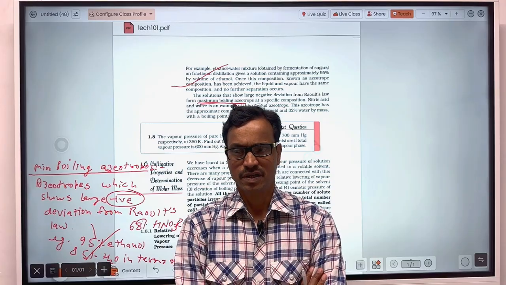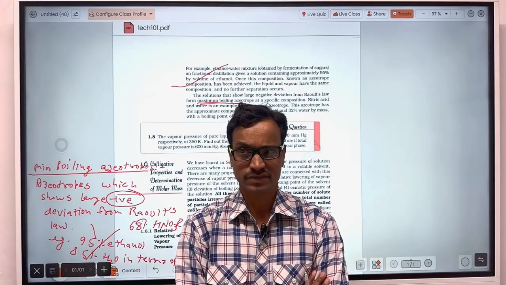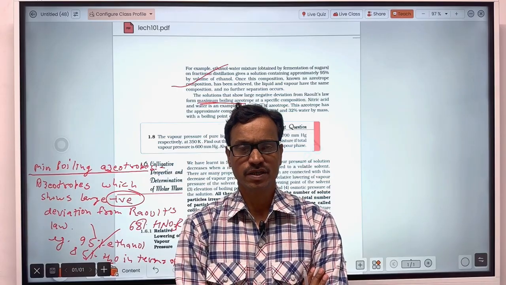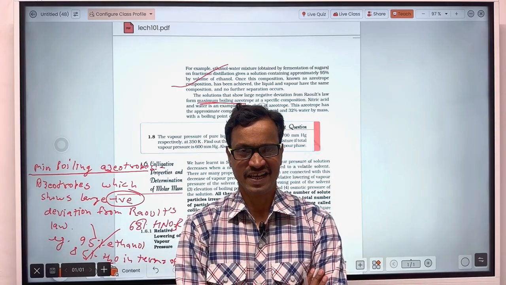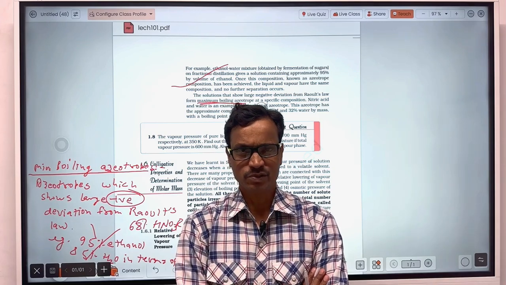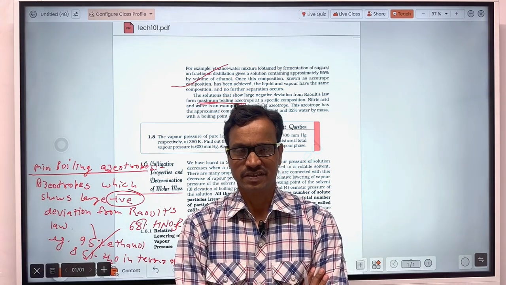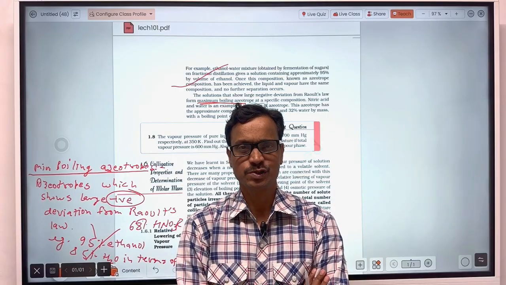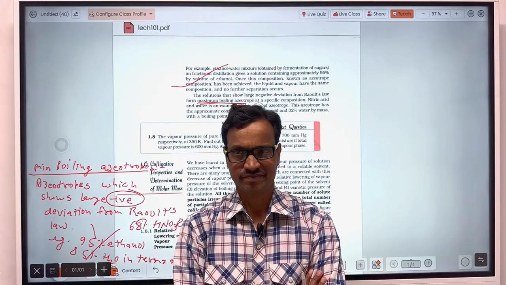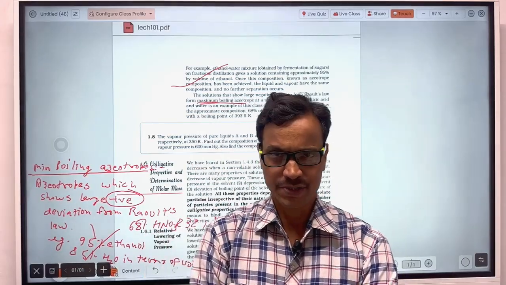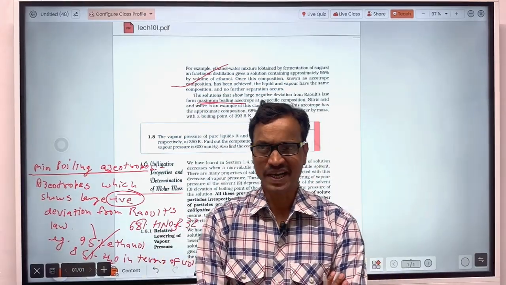That solution gives the same composition in the vapor phase as is present in the liquid phase, and that's why that type of solution cannot be separated through fractional distillation. That type of solution is called an azeotrope, azeotropic solution or azeotropic mixture. Now azeotropes are of two types.